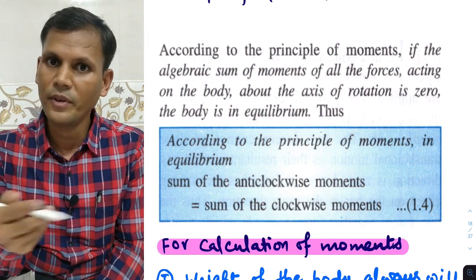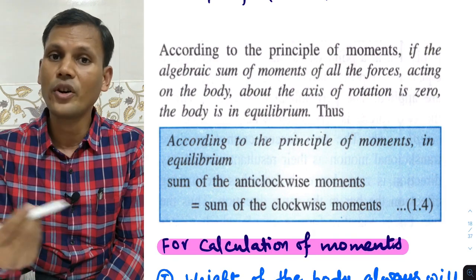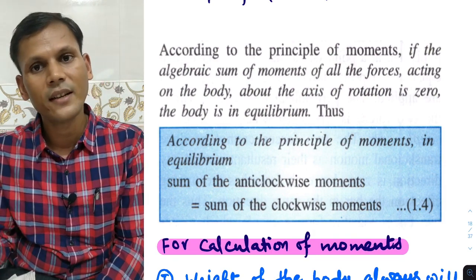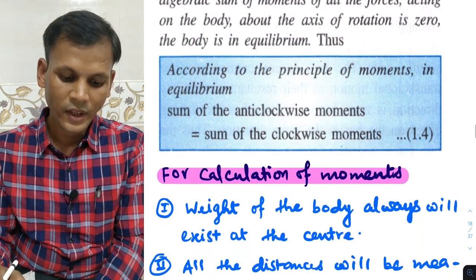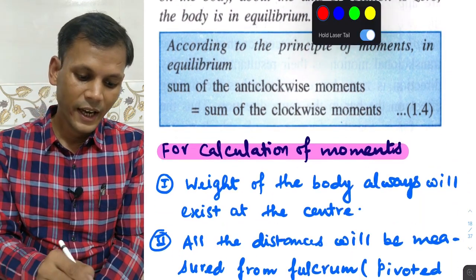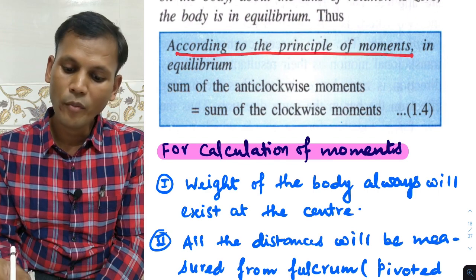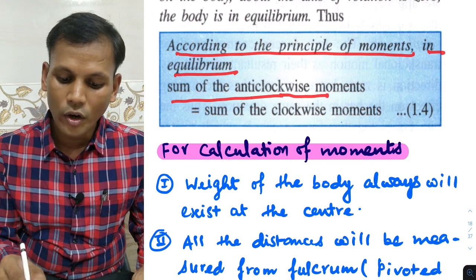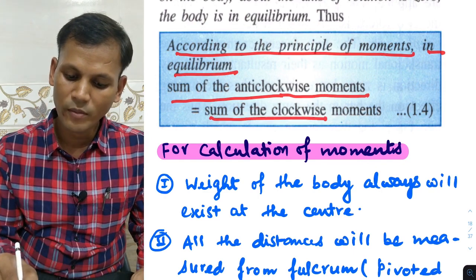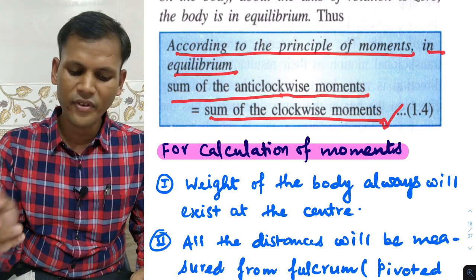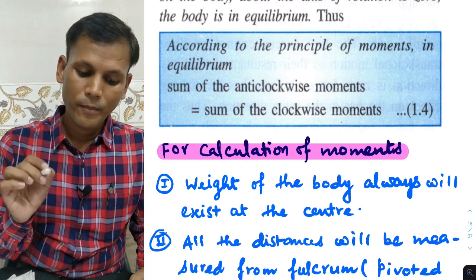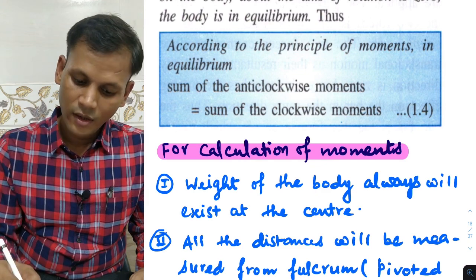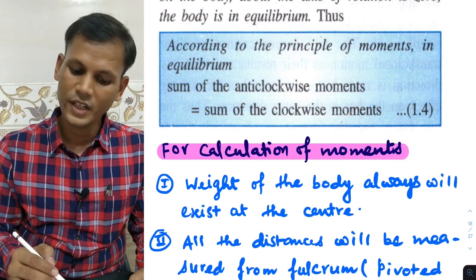According to direction, we will decide the signs of the moments, whether positive or negative. So further, according to the principle of moments, in equilibrium, sum of the anti-clockwise moments is equal to sum of the clockwise moments. This is a very important part. Most of the numericals we will solve on the basis of this part.